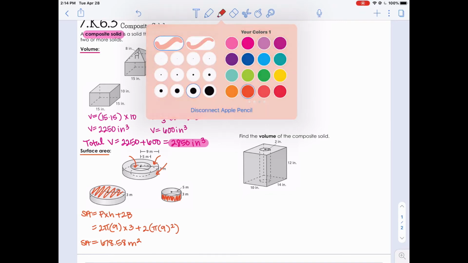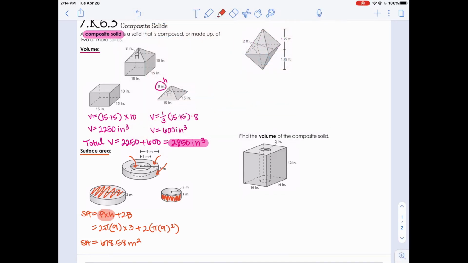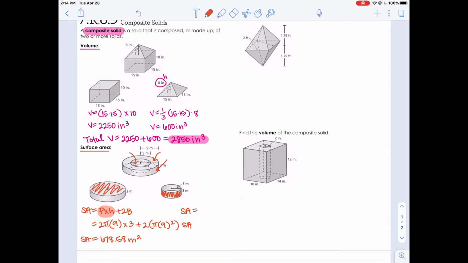So we're going to actually split up the formula. First, let's find the outside ring, because we know that's what we're going to add on. And this part of the formula, P times H, gives me that ring. So first I'm going to find P times H. So we're going to split up the surface area into 2 different parts, because some of it we want to add and the other parts we want to subtract. So first we want to find P times H, which perimeter is going to be circumference.